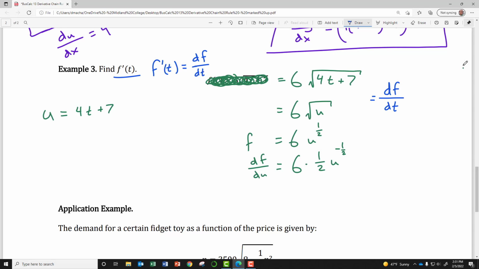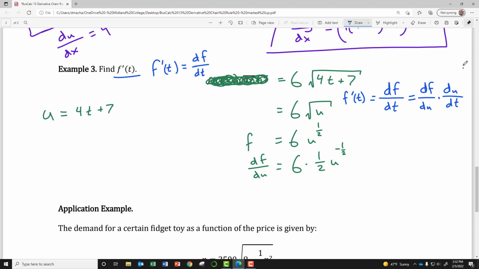Remember, there's more than one way to write the derivative. So what I'm trying to find is f prime of t, and this is just the same thing in different notation as saying df dt. And according to my chain rule, this would be the same thing as df du times du dt, and you can see how the little du's are going to cancel out.